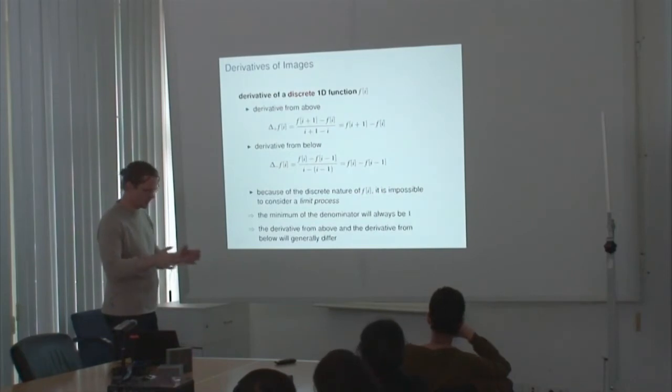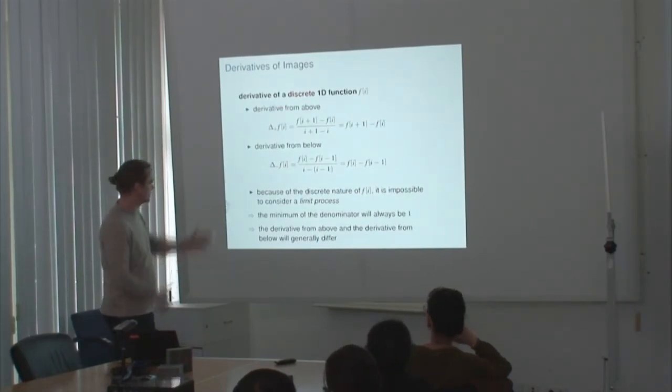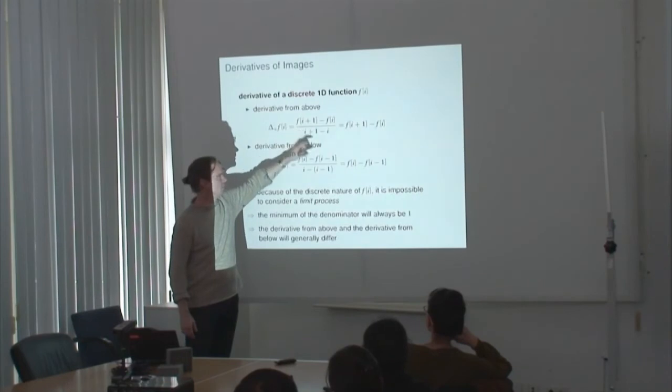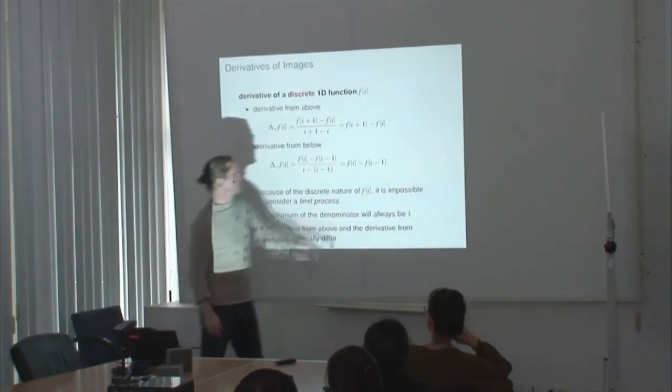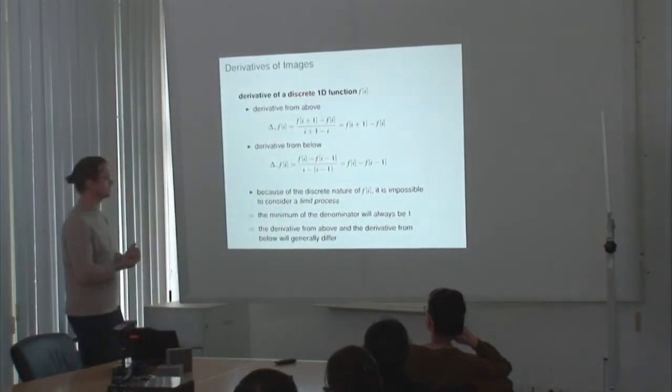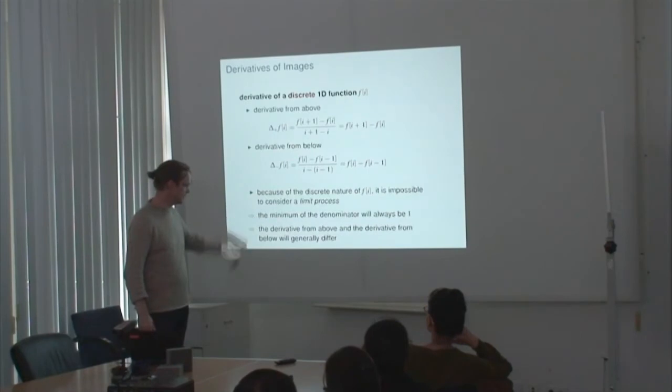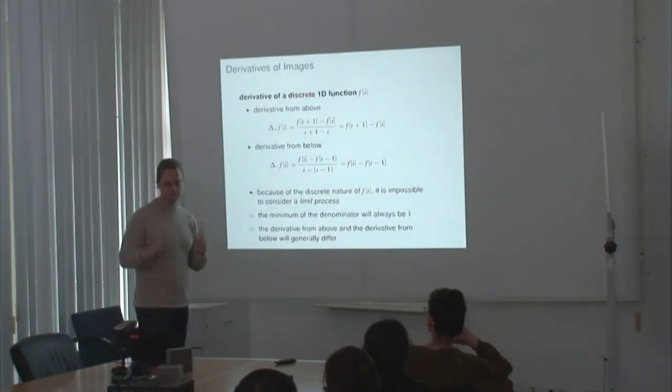There is no continuum between them that can become arbitrarily small. There is no limiting process here. If we define it like that, the denominator will always be 1. I left it out here because dividing something by 1 is not so interesting. And because of that, derivatives from above and below will in general be different.